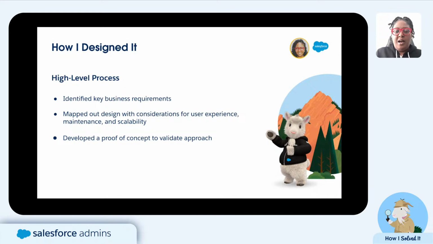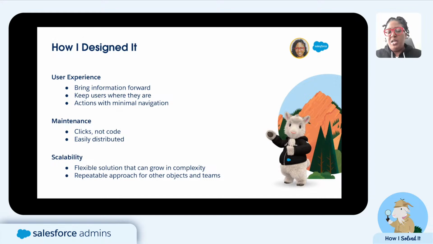On the next slide, I want to go more into the user experience, maintainability, and scalability. So for user experience, my thought process is more around bringing information forward. So those neglected opportunities, having them already presented to the user. And I want to keep users where they are.